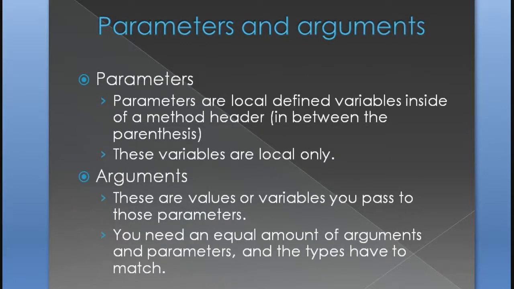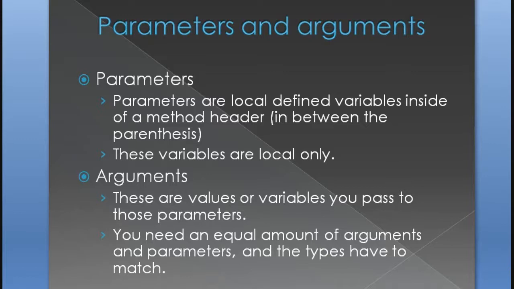Okay, parameters and arguments. Parameters are locally defined variables inside of a method header. In between the parentheses, that's called a method header. These variables are local only, meaning you cannot access them in a different method or outside of that method. And you can have int x in 27 methods, or an infinite amount of methods, and it will still work.